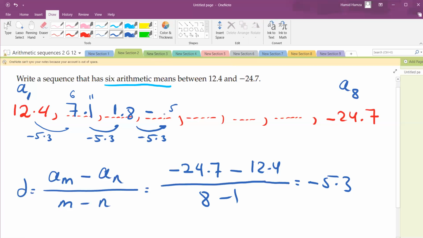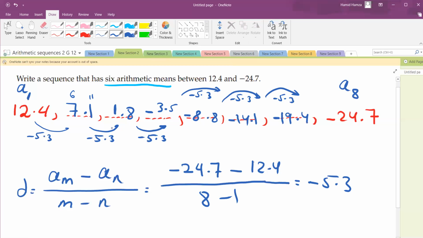You can use your calculator and find the answer directly. Then I keep going, adding negative 5.3, and the last ones will be negative 8.8, negative 14.1, and negative 19.4.